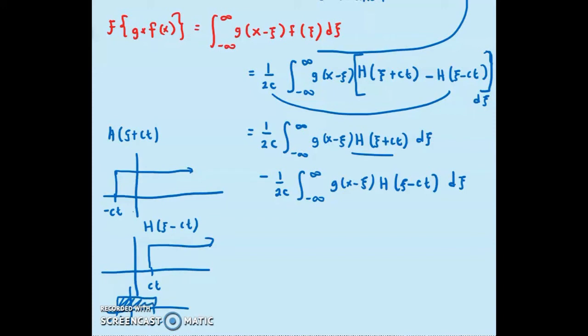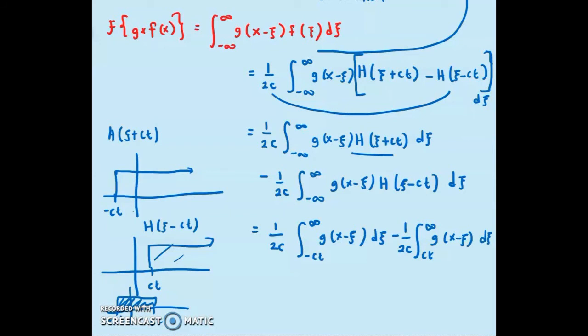Now the integration part for this one, I can write as 1 over 2c from minus ct to infinity of g(x minus psi) d psi, minus 1 over 2c from ct to infinity of g(x minus psi) d psi.